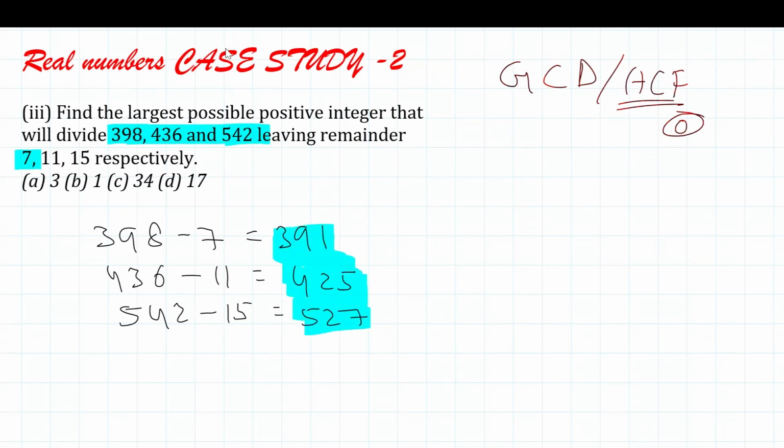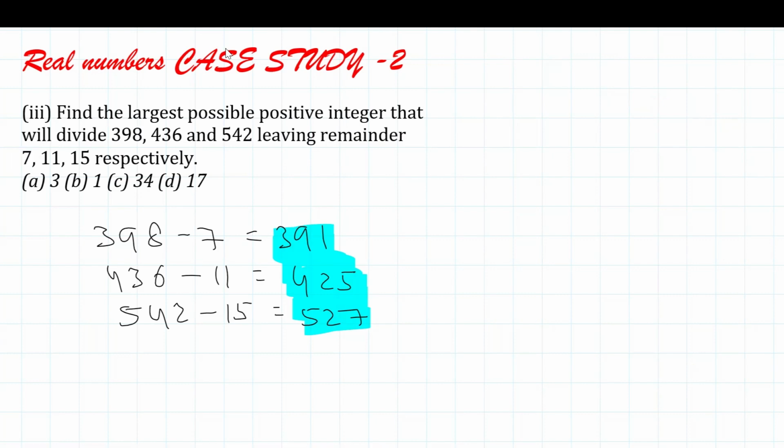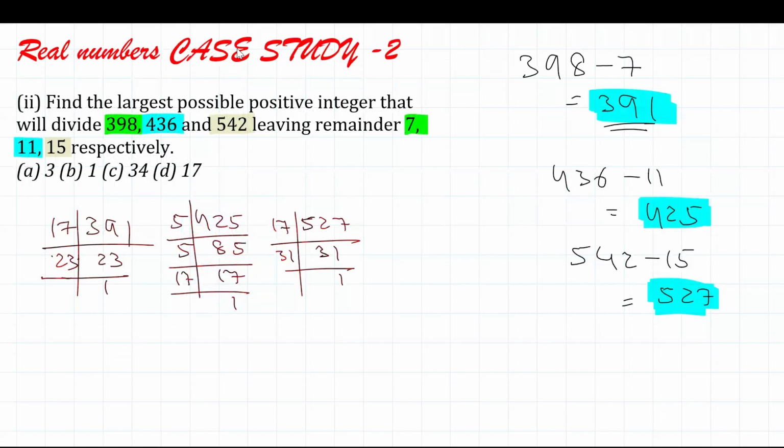Why? Because if these three numbers are leaving remainder, and we know that HCF leaves zero remainder. That's the reason. And for finding the HCF of these three numbers, we are going to use the prime factorization method. So let's do the prime factorization for these three.